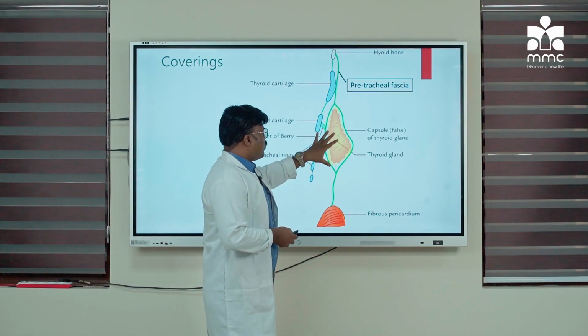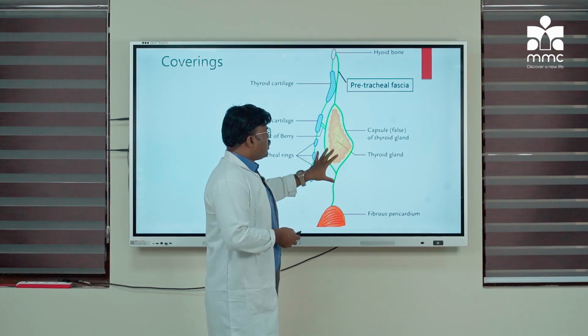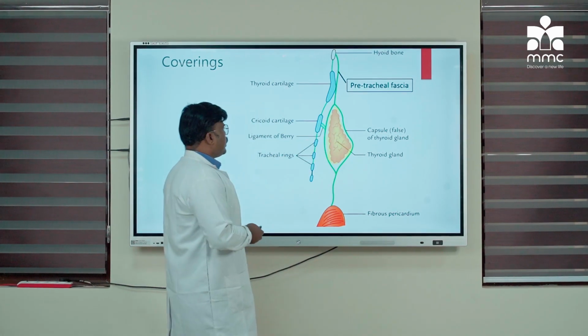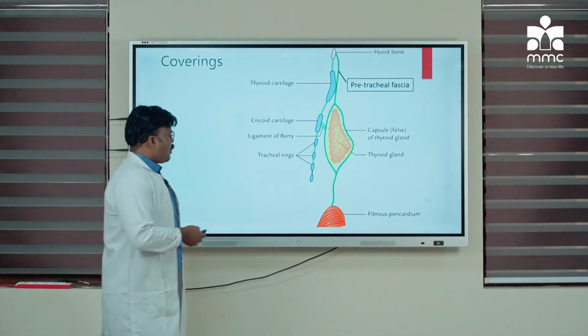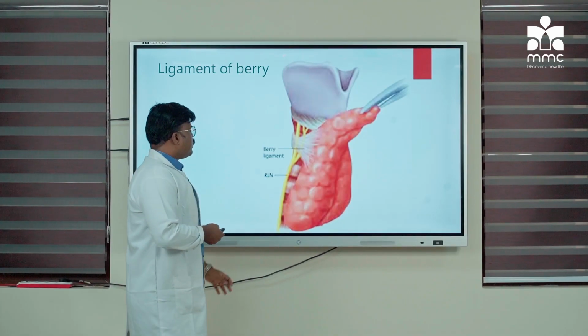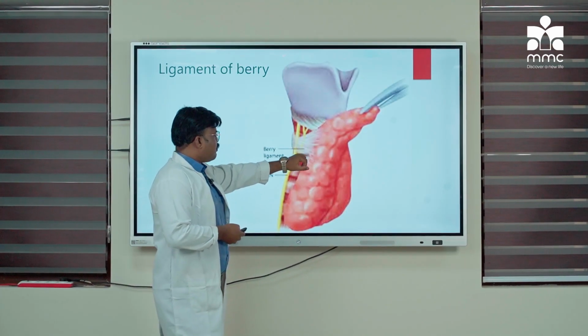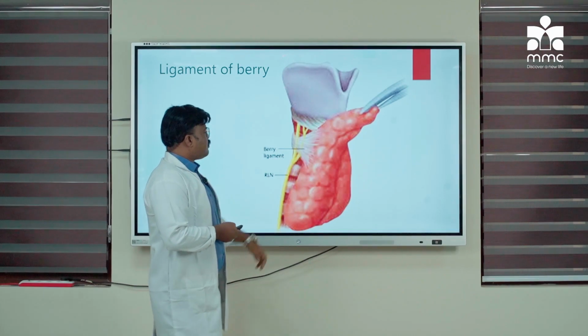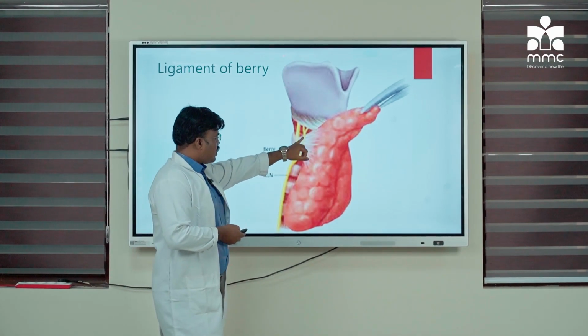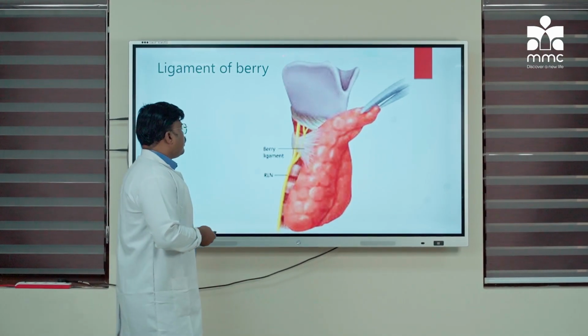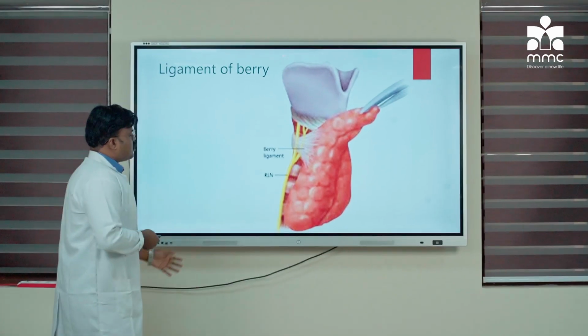This is why the thyroid gland moves along with deglutition. So, this is the ligament of Berry. During thyroidectomy, the surgeon should identify the ligament of Berry and it should be removed.